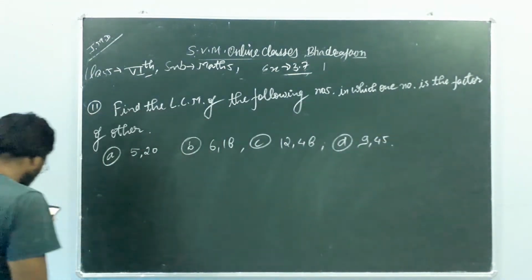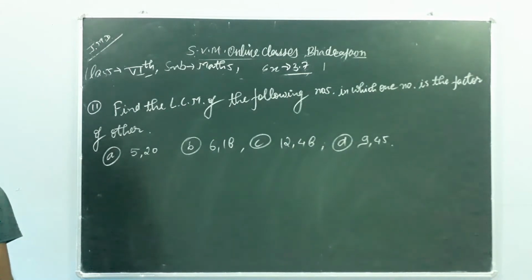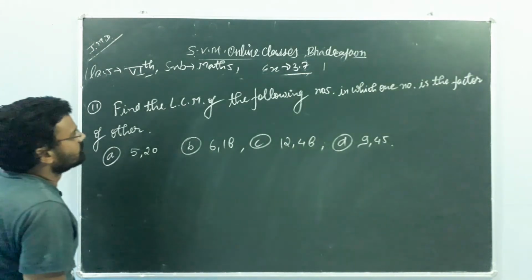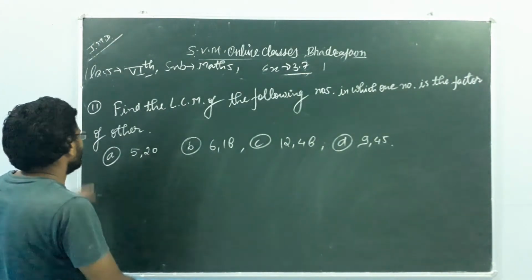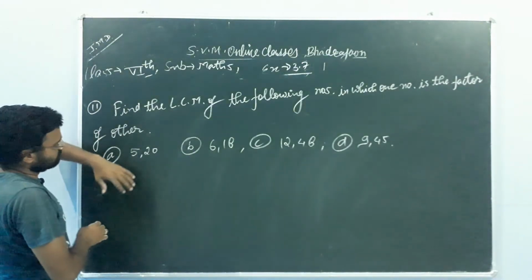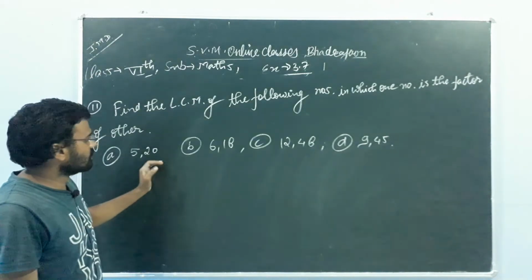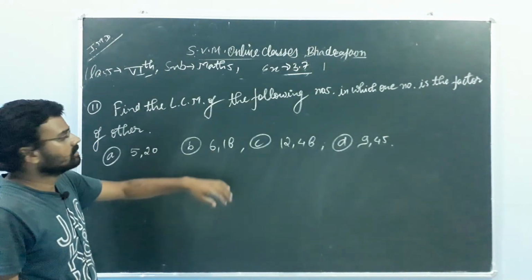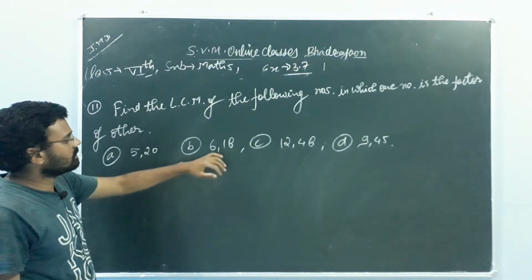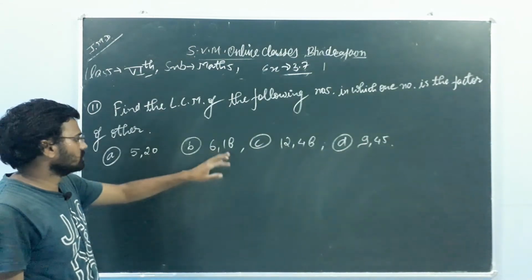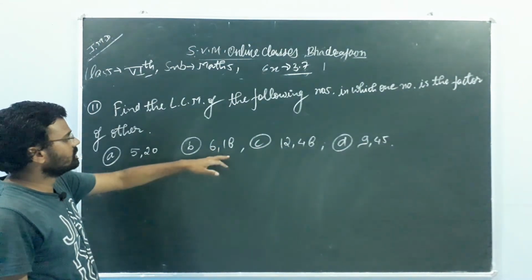What do you observe in the result obtained? Find the LCM. Now here 5 is a factor of 20, and the LCM will be the larger number. In this case also, 6 is a factor of 18 and 18 is a multiple of 6.